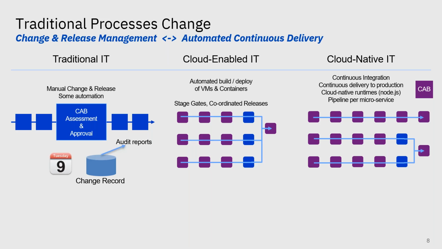et cetera, et cetera. It's very rigid, and that led to the situation where you could only do 2 to 3 changes a year just because of the rigidity of the process and the impact and what you had to do. In a cloud-enabled IT, you have automated build, deploy, and VMs and containers.